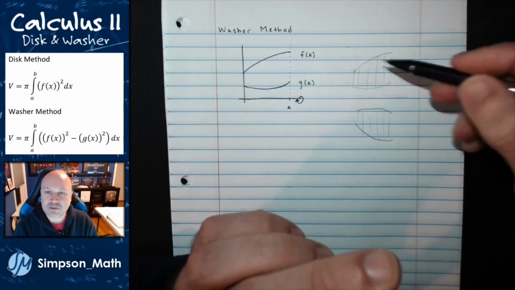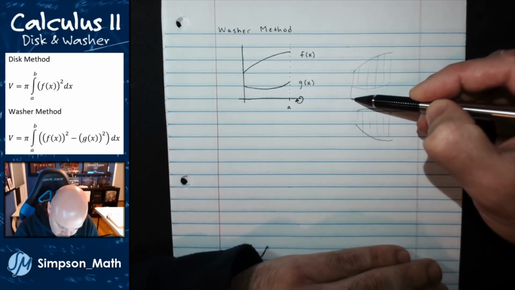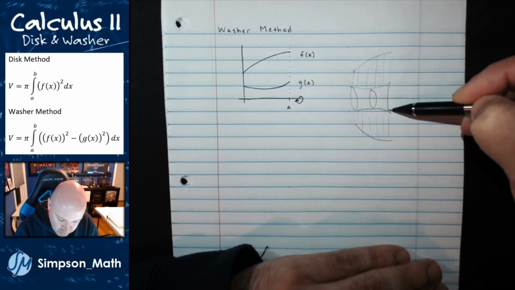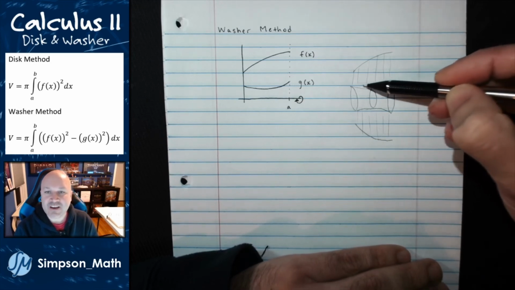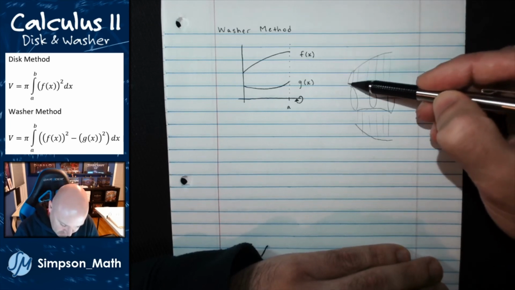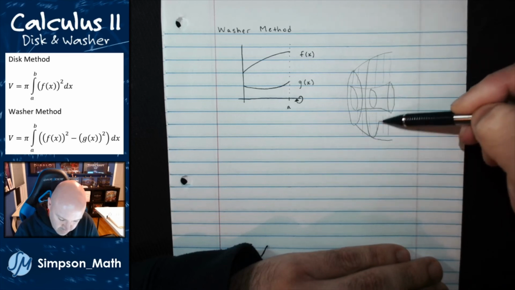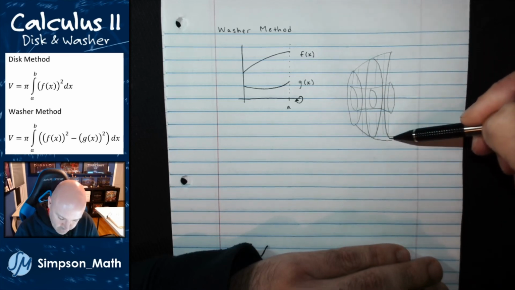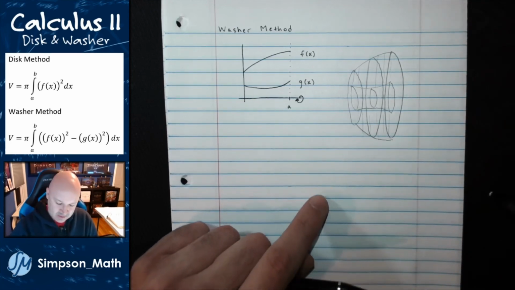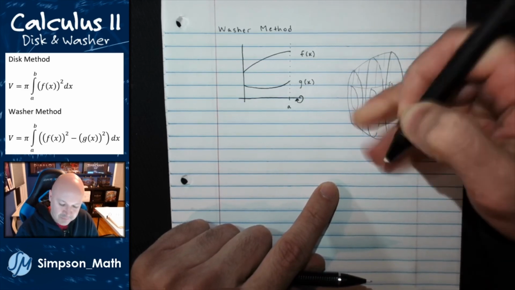And I'm going to use that to create little circles to help me see the solid of revolution. So I'm using the g of x to create little circles, and then I'm going to use the f of x to create these bigger circles. It may be kind of hard to see, especially since I'm not the best artist.